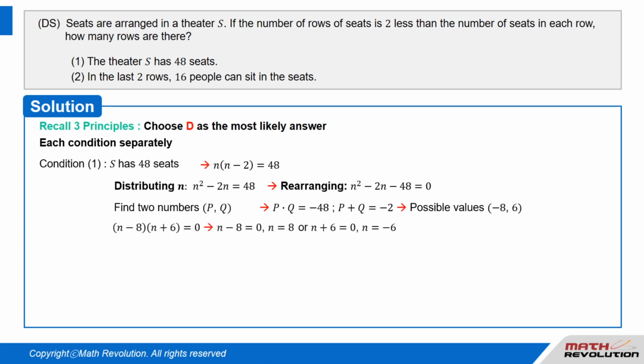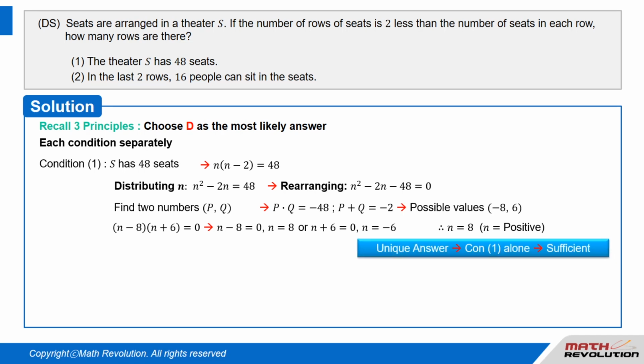We then get (n minus 8) times (n plus 6) equals 0, so n minus 8 equals 0, so n equals 8, or n plus 6 equals 0, so n equals negative 6. Since n is positive, n equals 8. It is a unique answer, so this condition is sufficient.